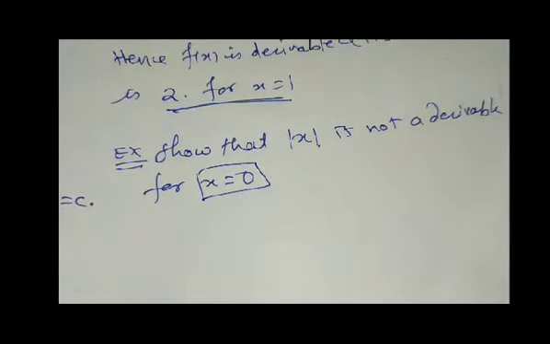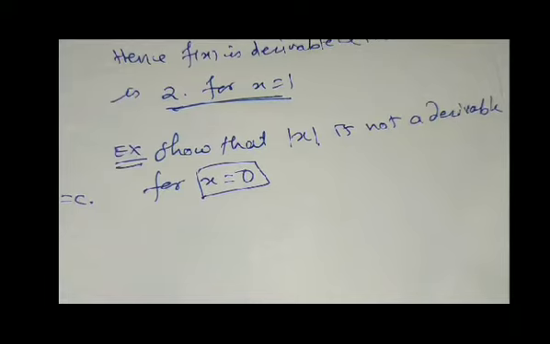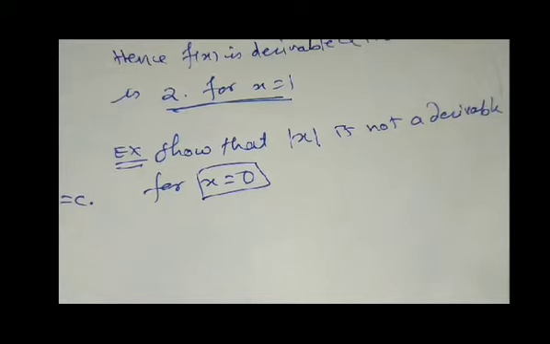So in this problem we have to show that mod x is not derivable. That means its derivative does not exist. In the previous example, f of x is equal to x square is derivable, but here we have to show that mod x is a function which is not derivable for x is equal to 0.